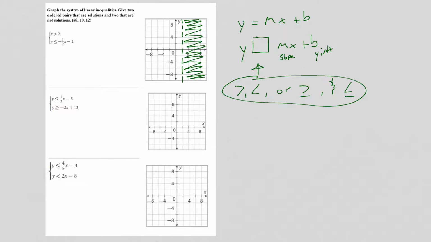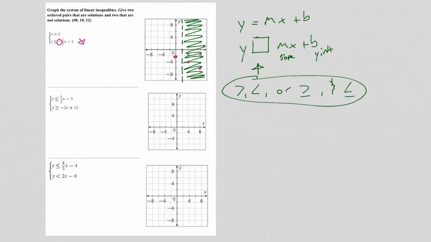And now in a different color, I have y is less than or equal to -1/2 x minus 2. So my starting point is the point -2 on the y-axis. It's a line that's running downhill because my slope is negative. And it's down 1/2, or 2 over 4.